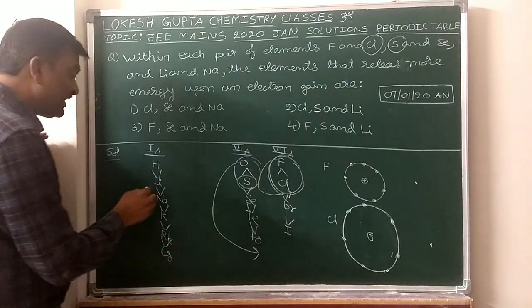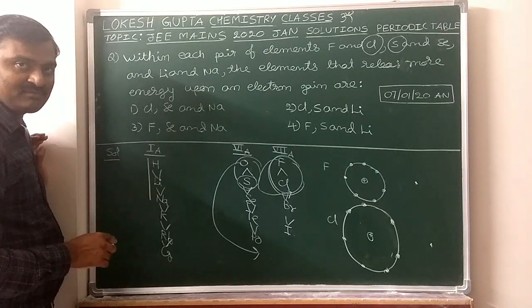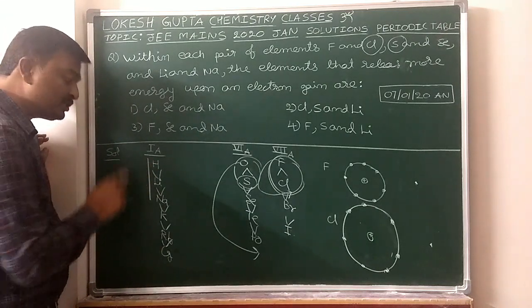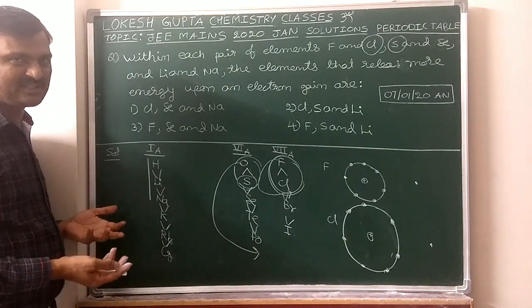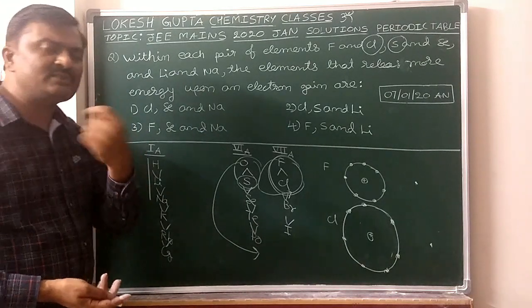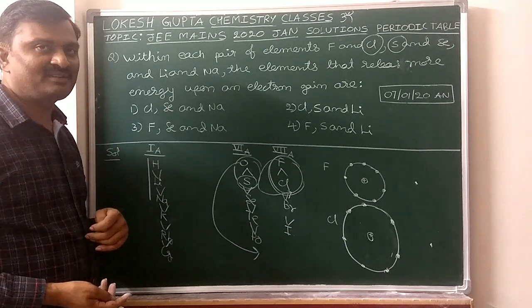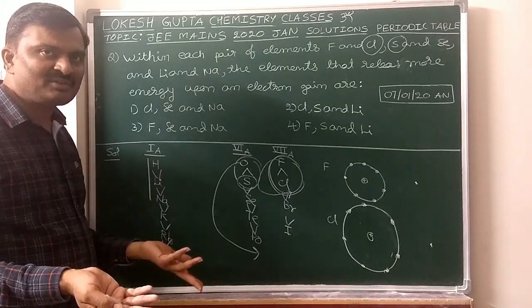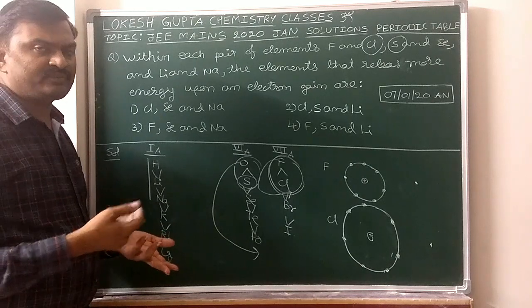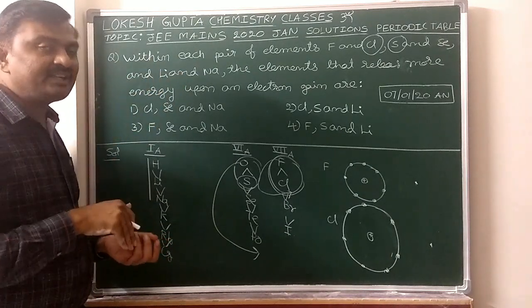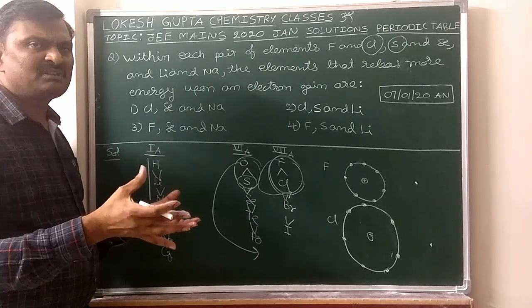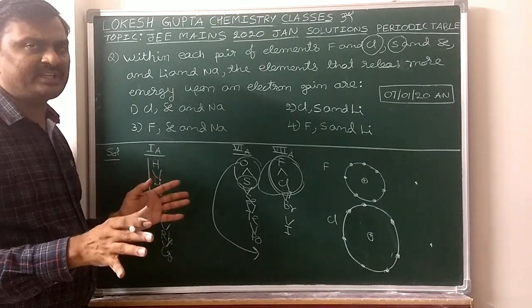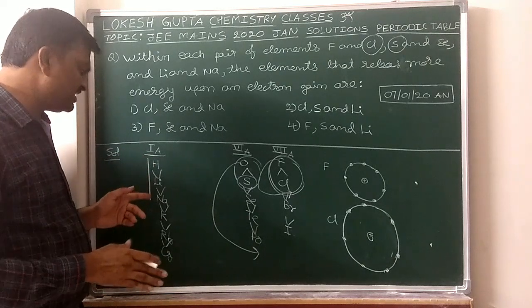Now see, in group 1A there is no exception. From hydrogen to lithium it decreased, lithium to sodium also. Why is there no exception? See, in the valence shell there is only one electron. So between the already existing electron and the incoming electron, the repulsion difference is not so high for hydrogen, lithium, sodium.